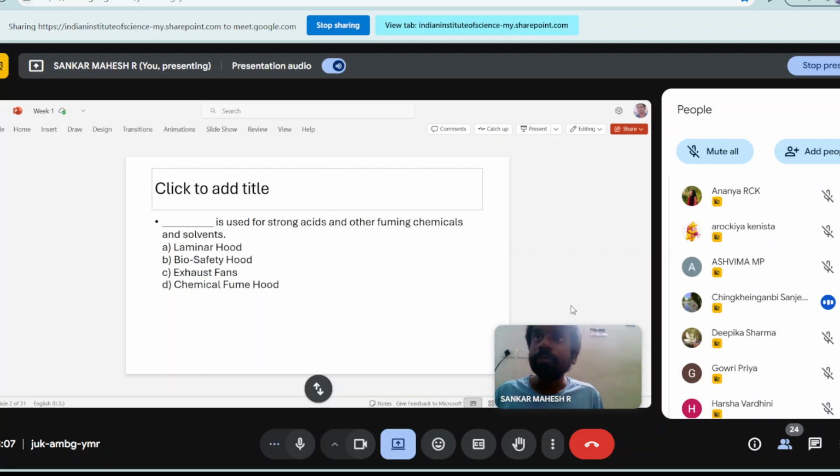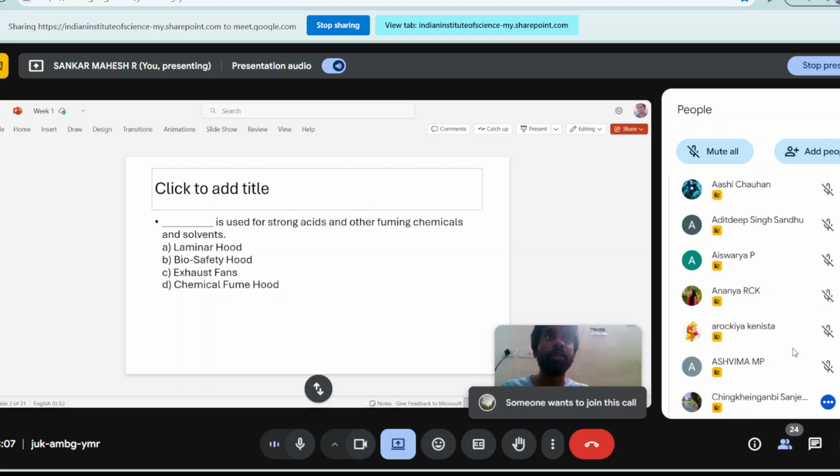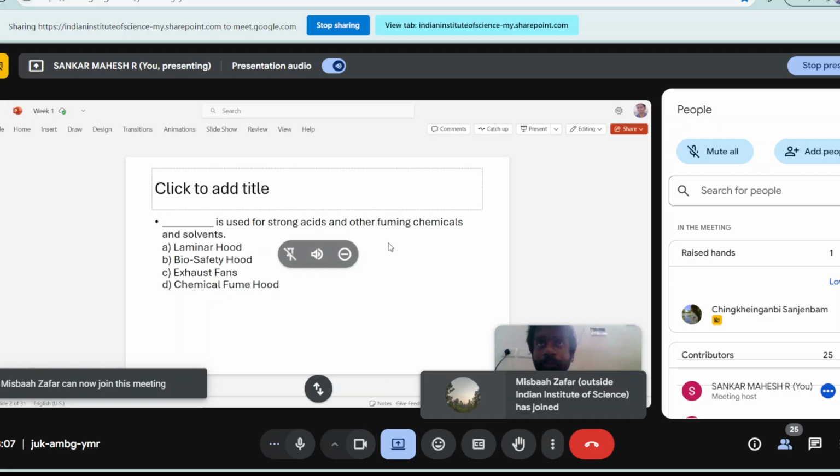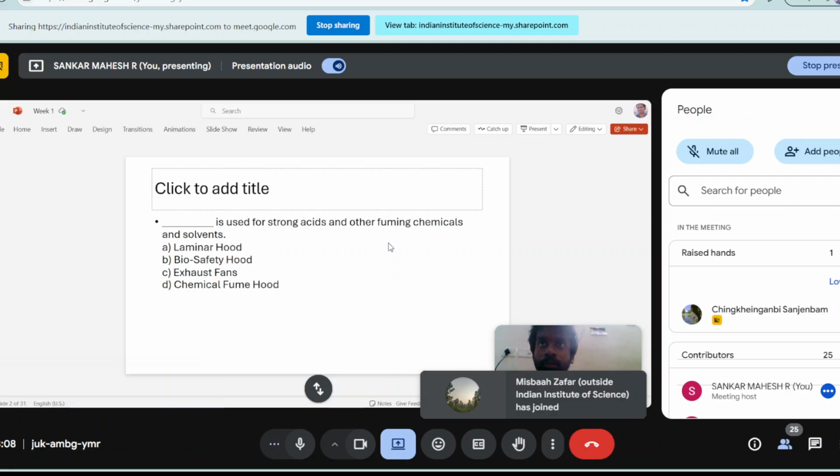Should I select the incorrect or the correct one? I think option B, biosafety hood, is the incorrect.